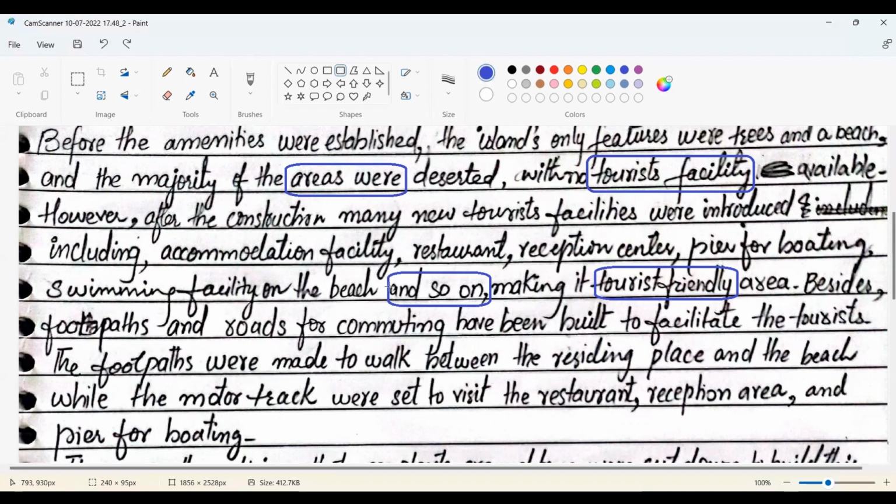It is better that we conclude this sentence by mentioning the things that we have mentioned already, like the swimming facility and the things that you have said before, and we then continue with the next sentence.